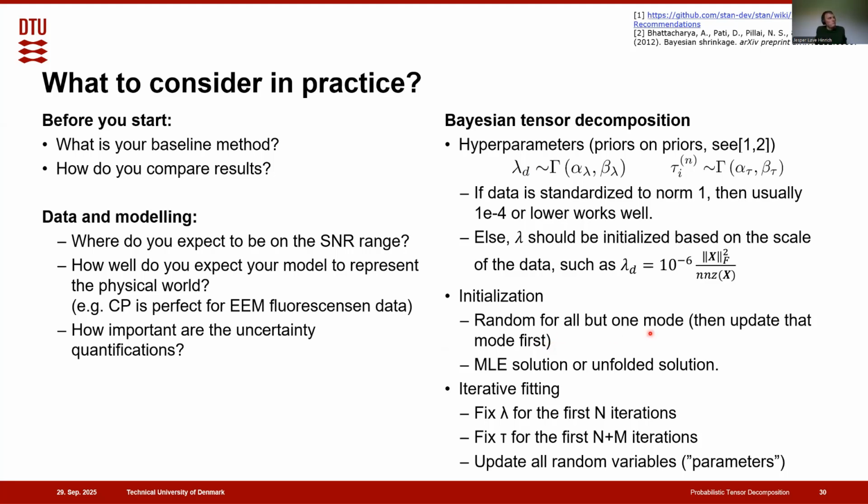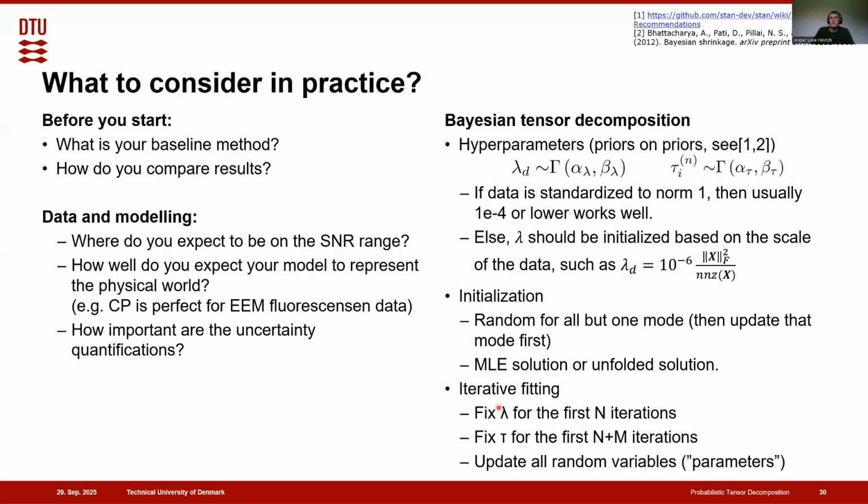Usually I like to do random initializations, lots of random initializations, and then find the best one. But if you want it to really be for speed, it's probably better to initialize in a maximum likelihood estimation solution, or another unfolded solution that you then tensorize in a way.